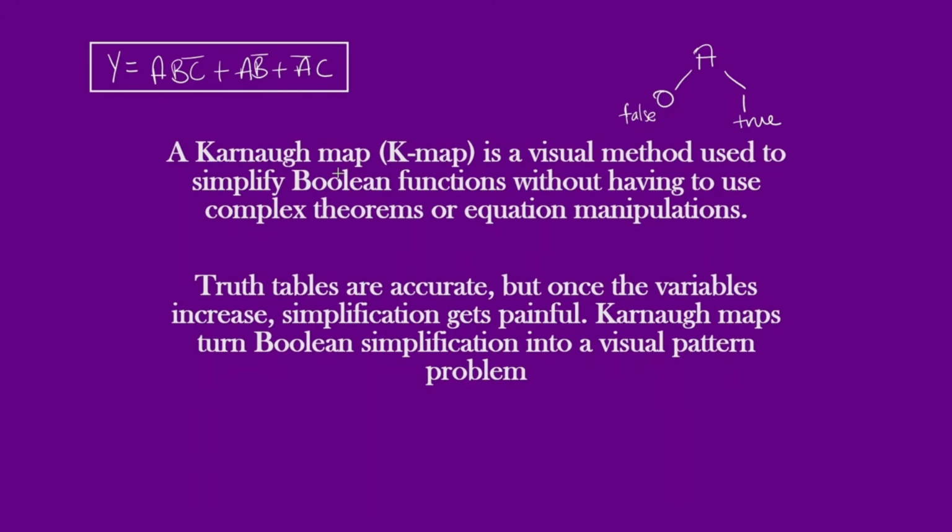If you have a Boolean expression like this, the natural algebraic way to solve it is to convert it to a standard SOP, sum of products form, which involves multiplying. Let's write this more clearly: AB not C, or A not B, which you may choose to multiply with C or 1, or not A, C, B or 1.